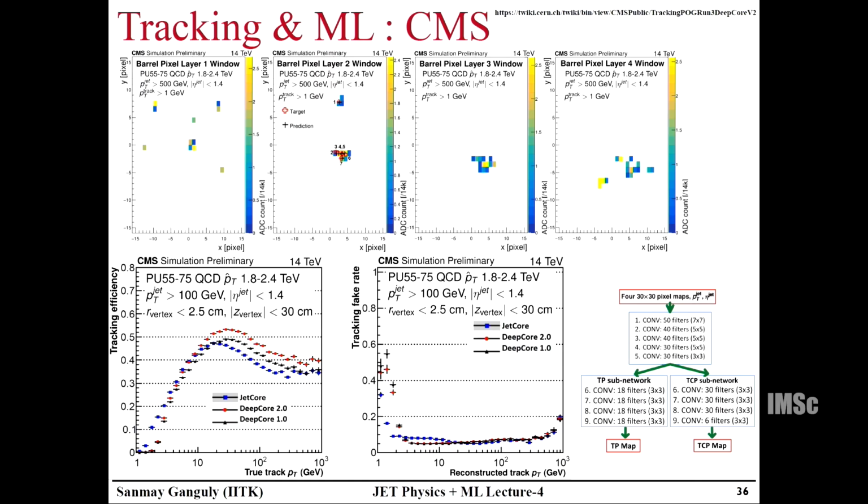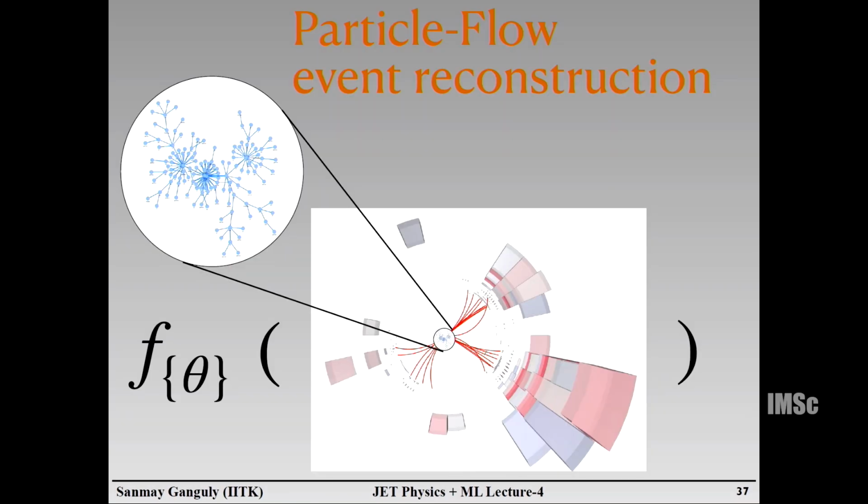Okay. I mean, let's go through it once more. CMS applies a somewhat different method, but they have also addressed the same problem. Now, one of the problems very close to my heart is the method called particle flow reconstruction. What does it say? What I measure in the detector are energy deposits and tracks, but the quantities from which I can solve for the physics observables are the particles.